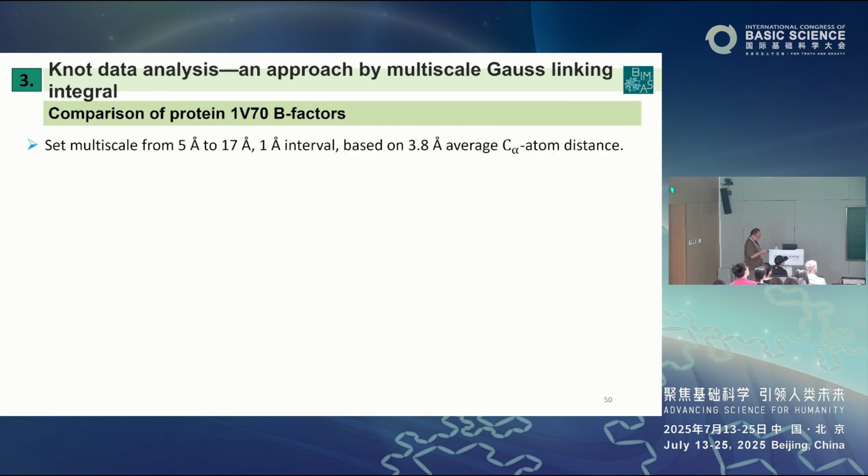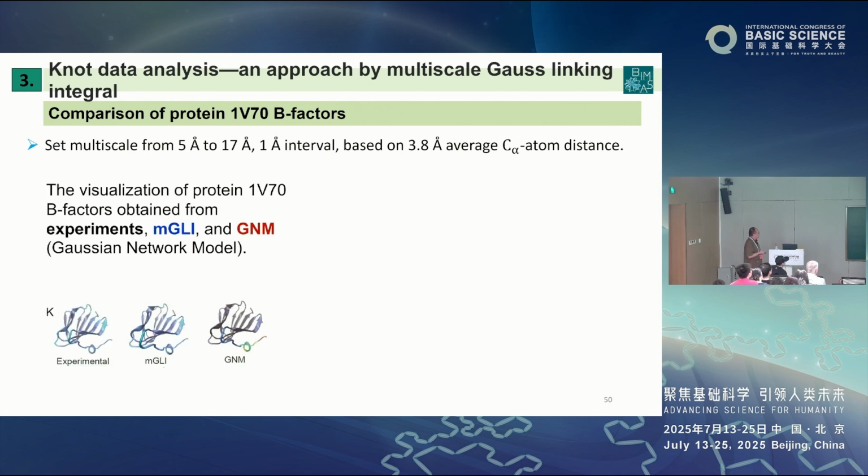So here are some examples. The visualization of protein 1V70 B factors obtained from experiments, MGLI and Gaussian network model. So this is shown in this picture.